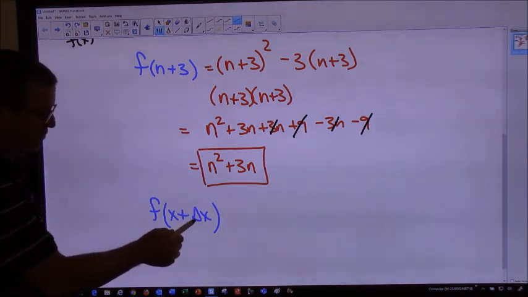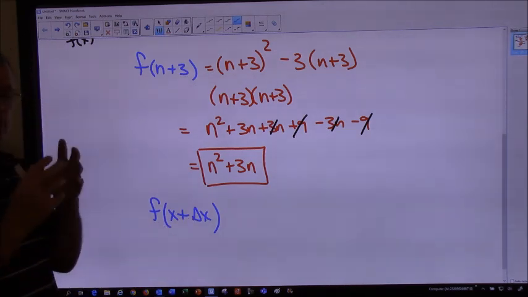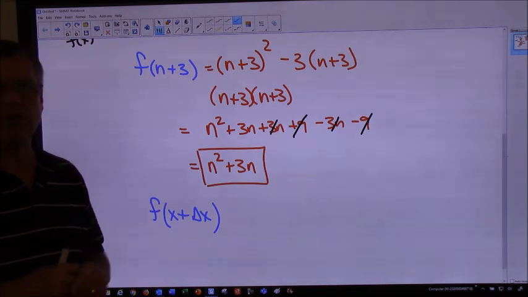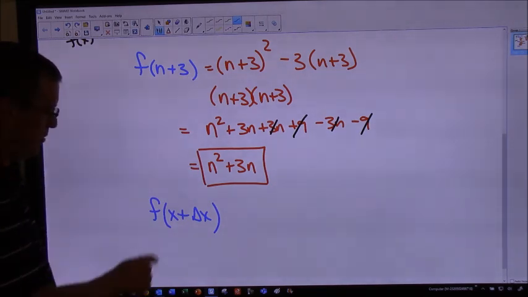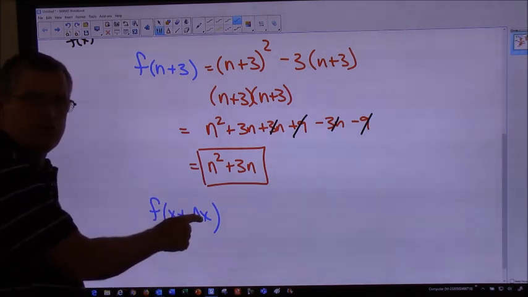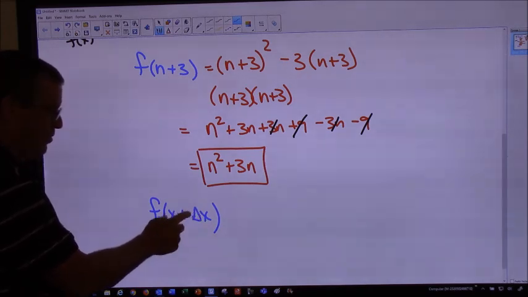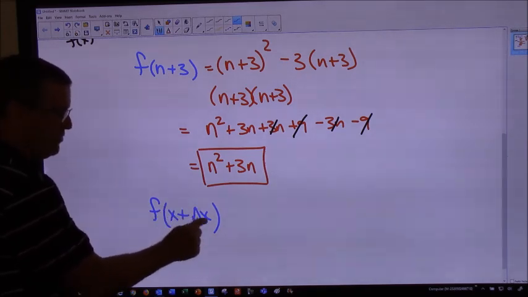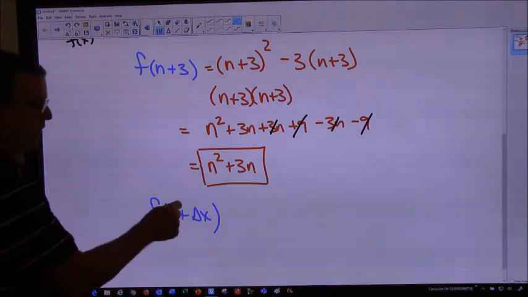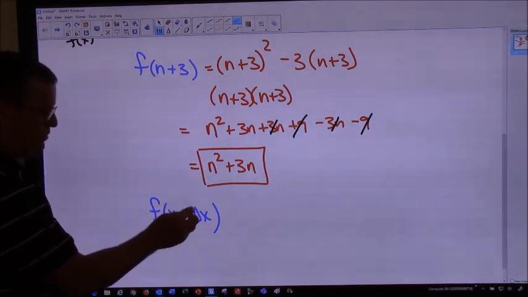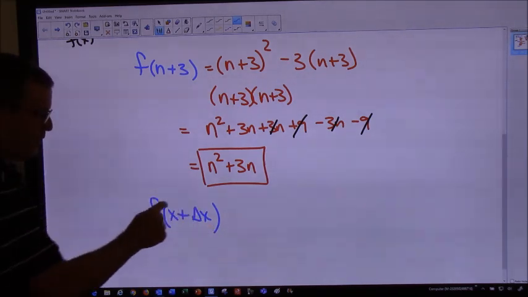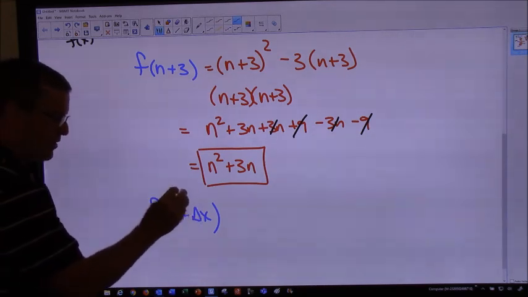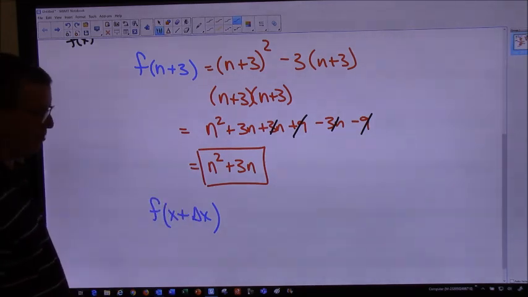So delta x is something that we use in calculus that represents a very small number, okay? Very small, 0.00001. And so it's a variable by itself. It's not a triangle times x. It's just delta x, okay? And even though I have two things written there, I want to think of that as one single variable.